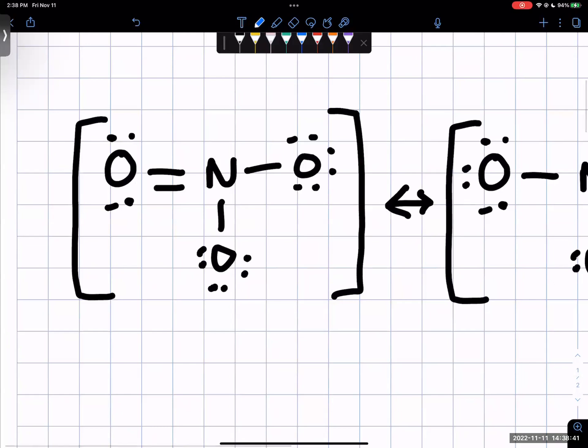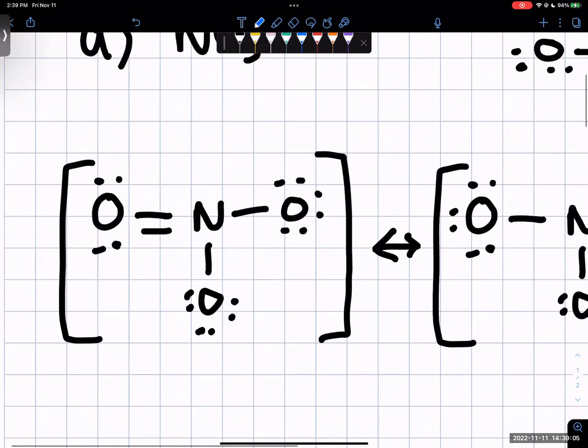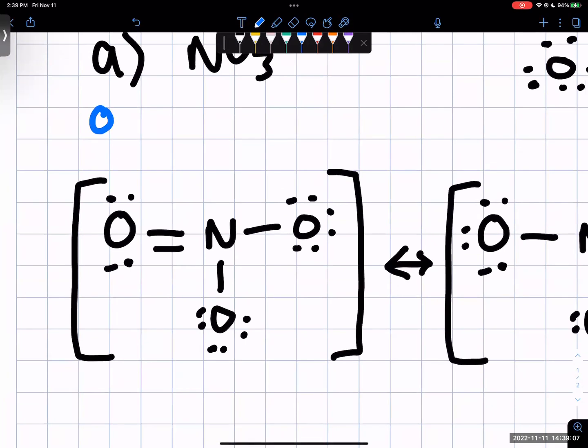Okay, so formal charge, the formula for it is the number of electrons that an element has in this specific situation versus the number of valence electrons that element has on the periodic table. So on the periodic table, how many valence electrons does it say oxygen should have? 6. Okay, so oxygen should have 6 valence electrons.